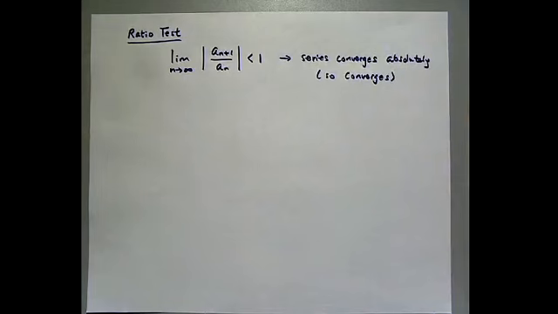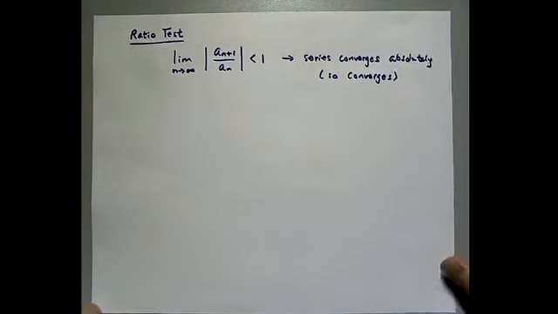Now we know that if the ratio is strictly less than 1, then the series converges absolutely, which is a stronger type of convergence. So if that happens, the series converges.